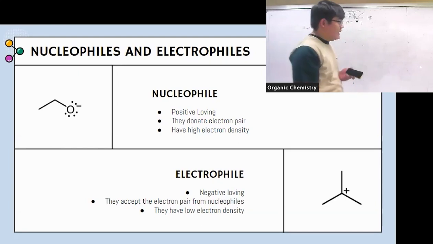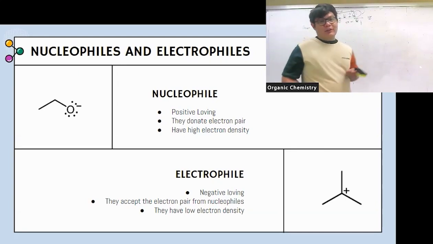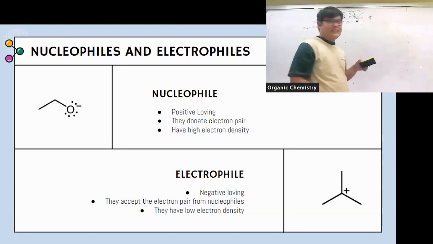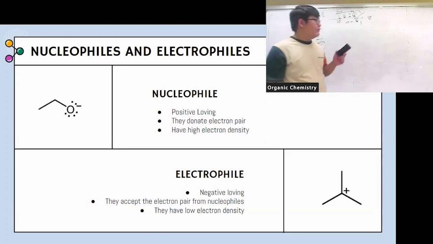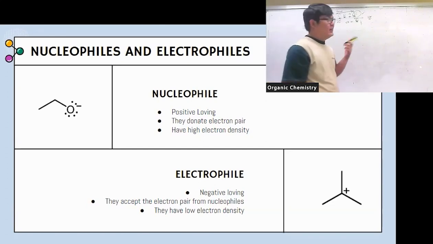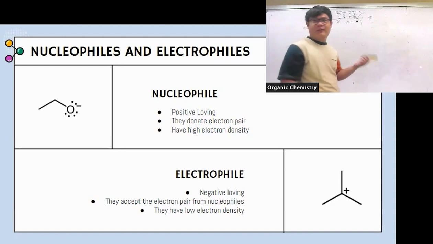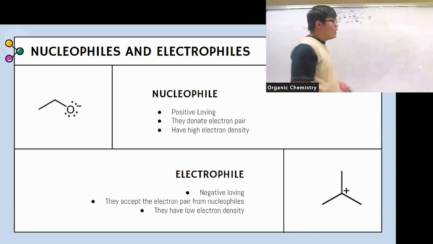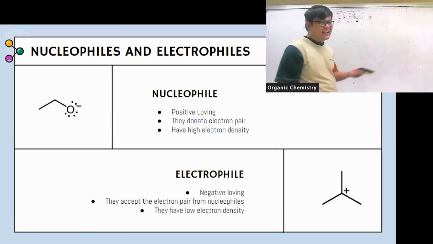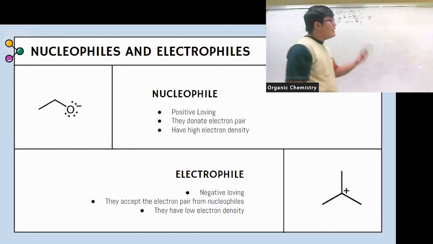The important thing to remember when dealing with nucleophiles and electrophiles is that nucleophiles are negatively charged molecules, negatively charged atoms, or we can simply say that they are atoms or molecules that have high electron density. Meanwhile, electrophiles have low electron density.